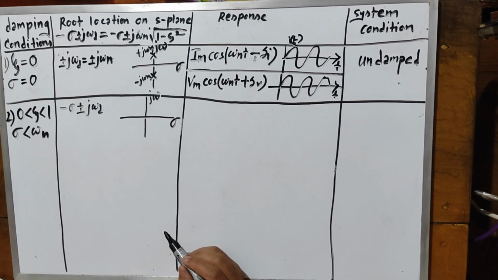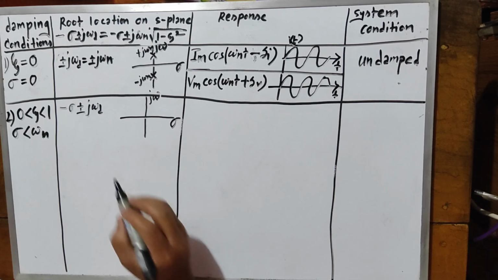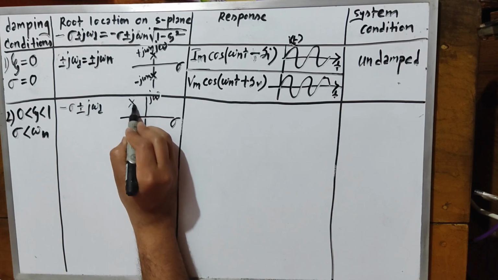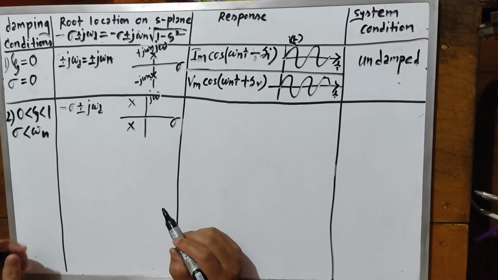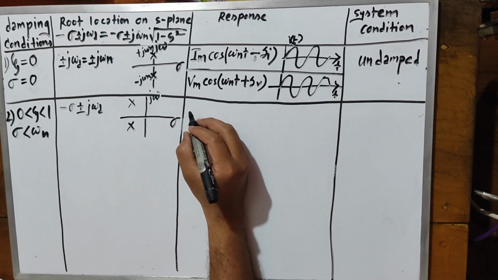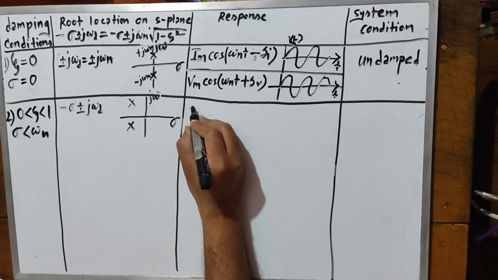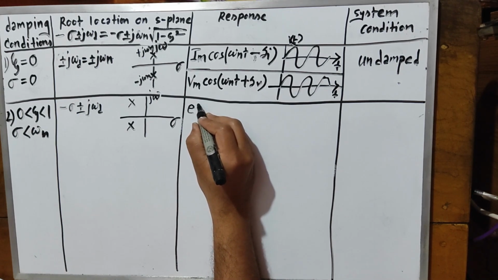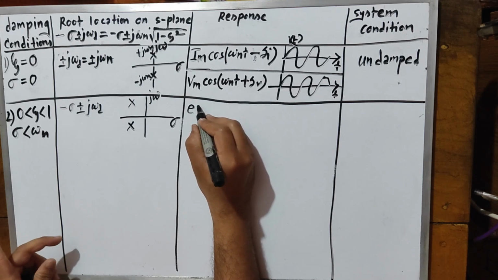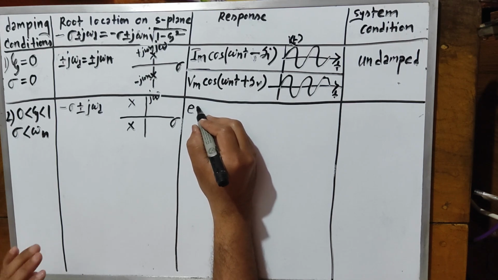The roots are on the left half of the S plane. So these are the roots for this condition. The damping exists in this case, but it is less than the natural frequency, so the damping factor won't be able to decay the energy sufficiently.